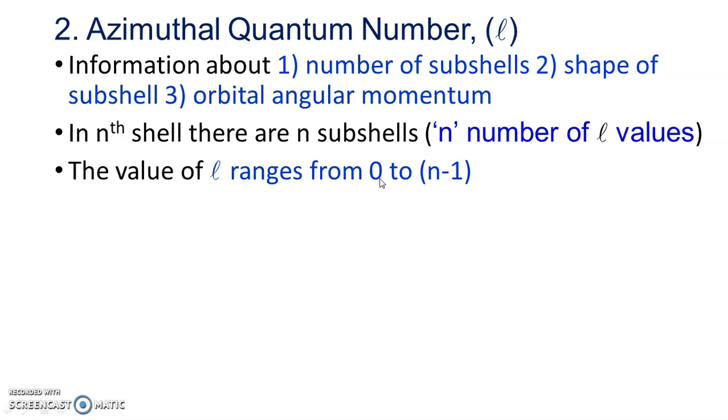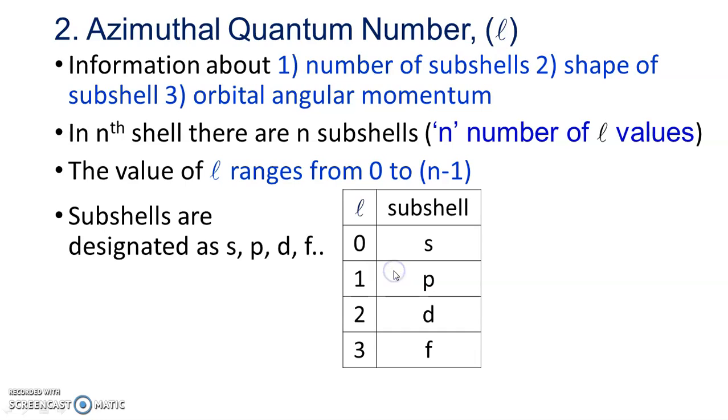If n is equal to 2, then the value of l will be 0 and 2 minus 1, that is 1. So the possible l values are 0 and 1. So this is also very important. The value of l ranges from 0 to n minus 1.